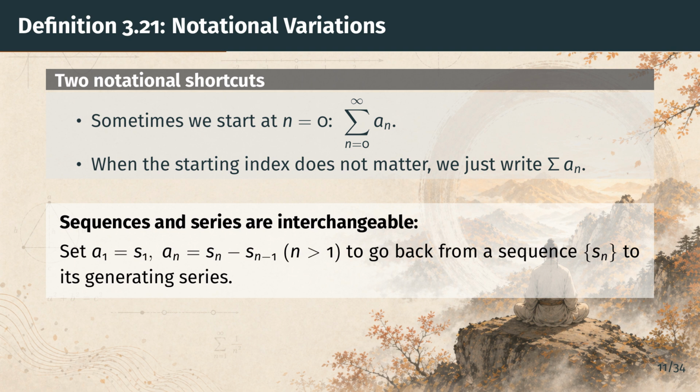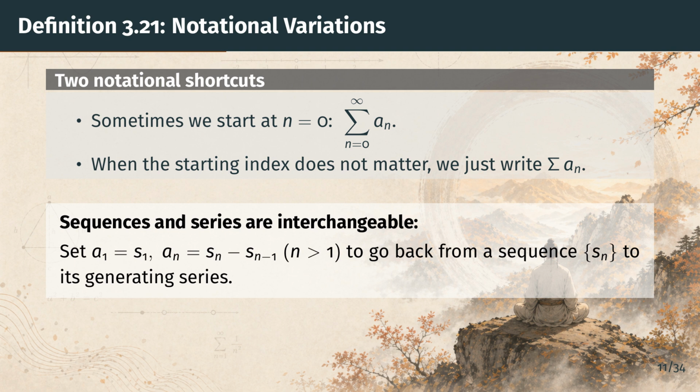The highlighted box at the bottom is the more substantive point. Sequences and series are really two views of the same data. Going one way, the partial sums of a series form a sequence by definition. Going the other way is just as easy. Given any sequence, take the first term and let each later term record the increment from one entry to the next.